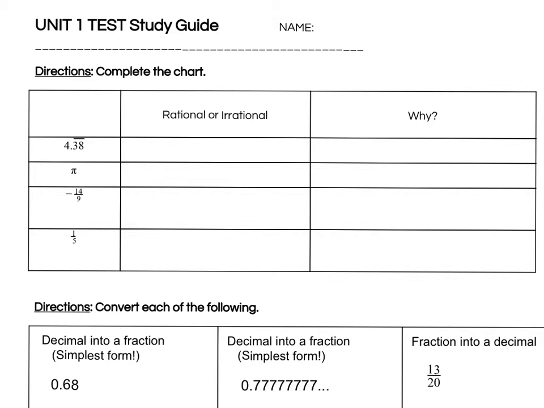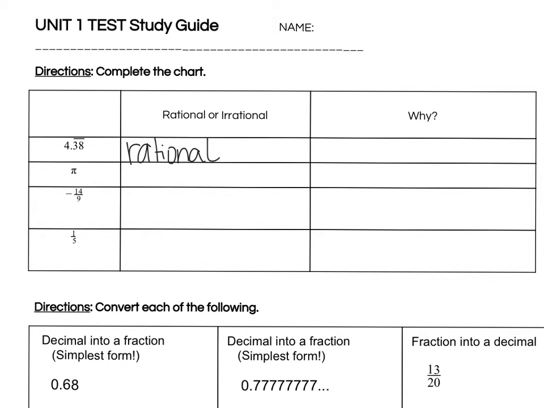First thing that we're going to do is read the directions. They say that you want to complete the chart. So the first one is 4 and 38/100ths, that is repeating. Is that number rational or is that number irrational? Well, as it turns out, it is rational. Why?